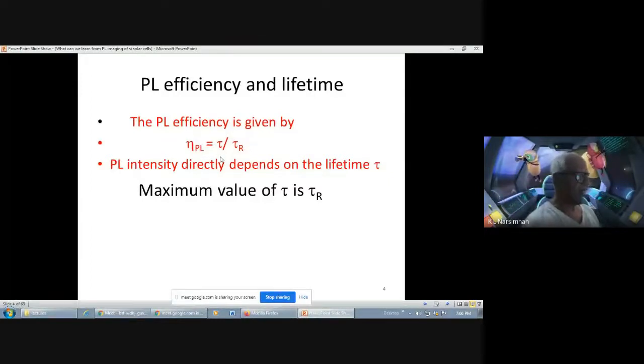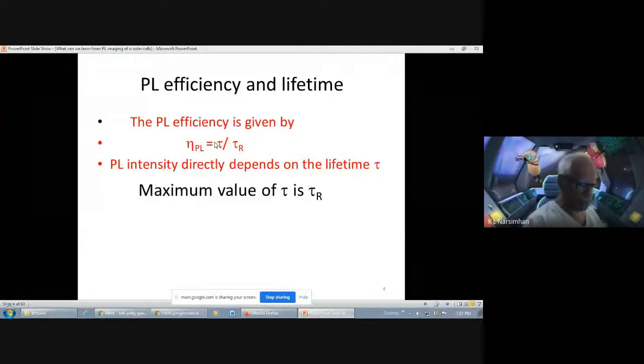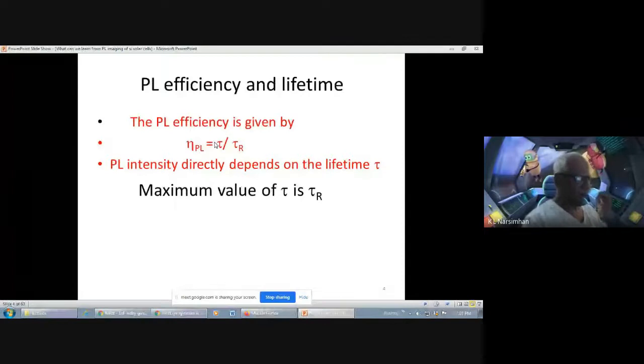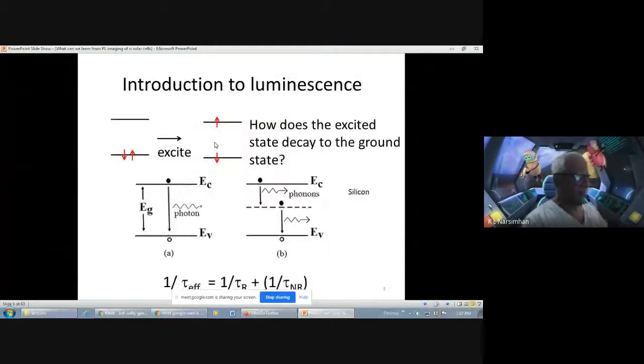So you can see that the PL intensity depends directly upon the efficiency, which in turn depends upon the lifetime tau. Okay, so this is another thing that I want you to remember, that the PL intensity depends upon the effective lifetime tau of the sample.